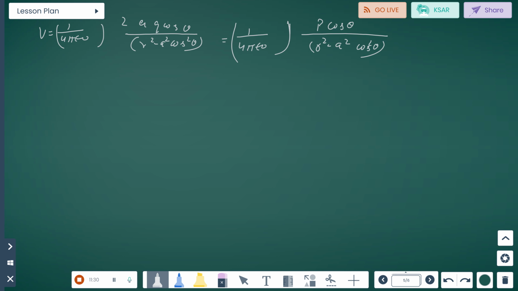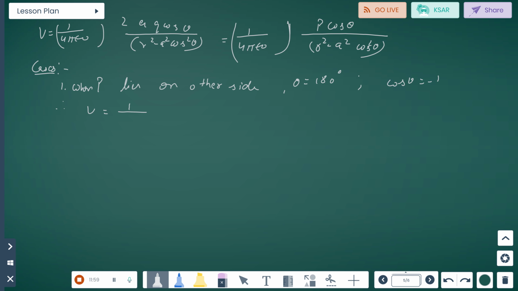Some cases arise here. First, if P lies on the other side, theta equals 180 degrees and cos theta equals -1. So what will V be?